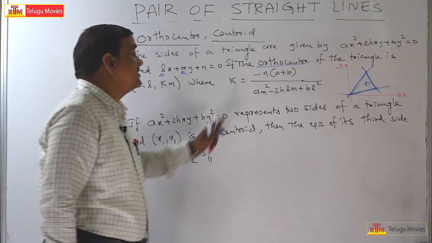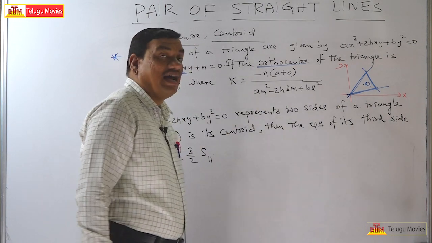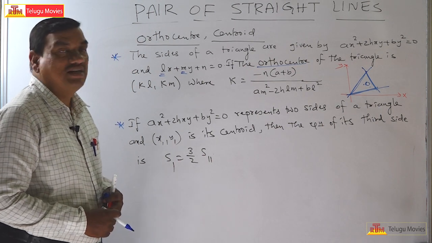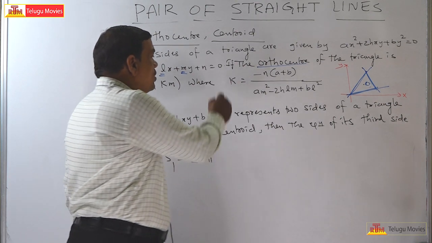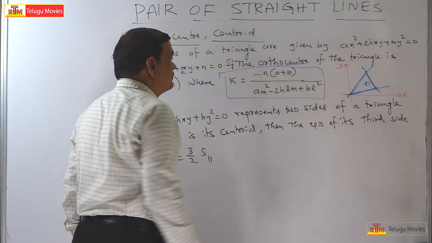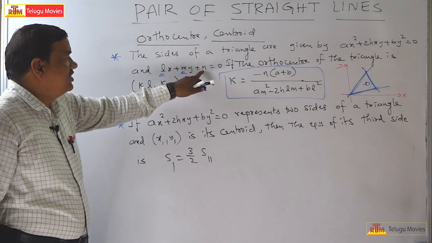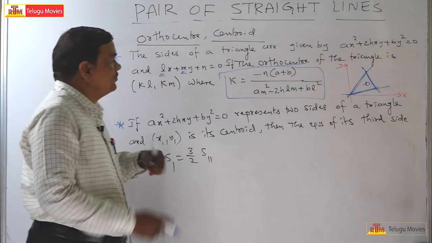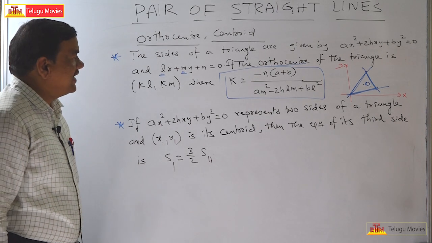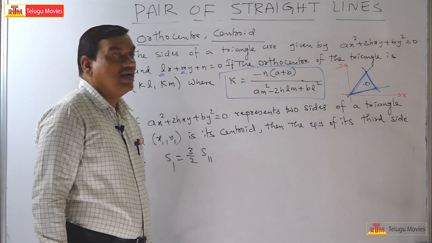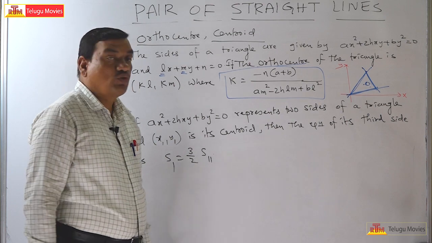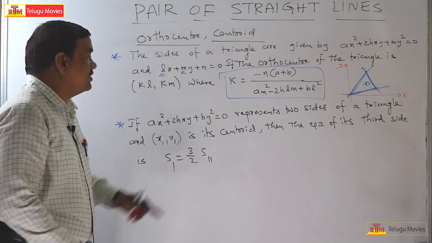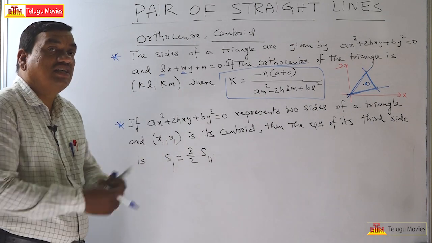K is nothing but minus n times (a plus b) upon (am square minus 2hlm plus bl square). First find this quantity: substitute n, a, b, l, m and h there. So K is equal to minus n times (a plus b) upon (am square minus 2hlm plus bl square).